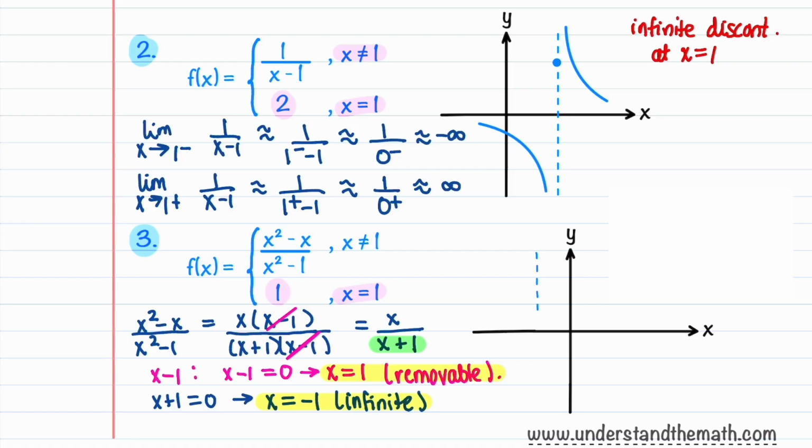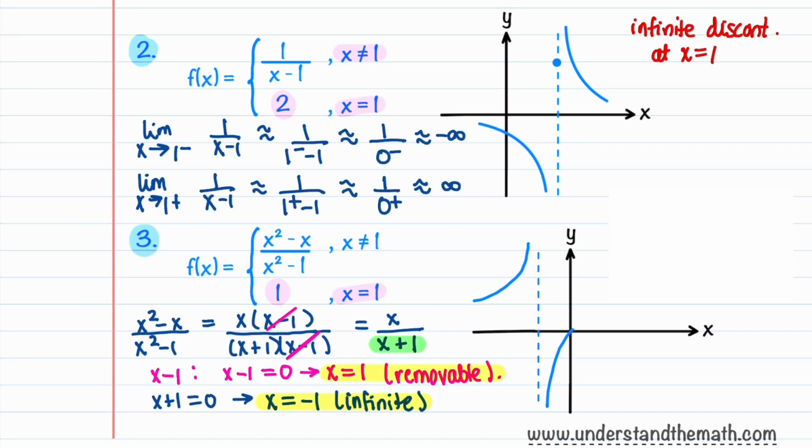At negative 1, we have an infinite discontinuity, so that means we're going to have an asymptote there. Our function actually has a horizontal asymptote at y is equal to 1. Again, there's no way that you would know that at this point. Just take my word for it. And then on the right-hand side of our asymptote, our function's going to go down like this.